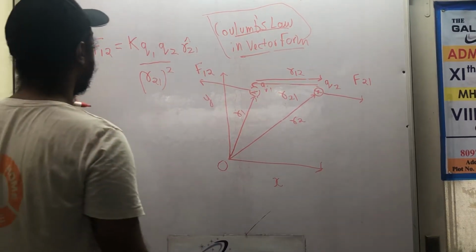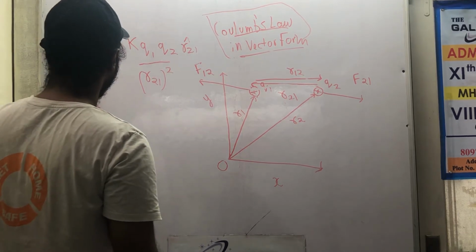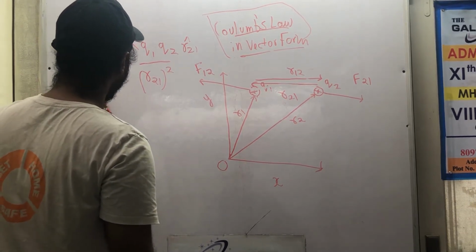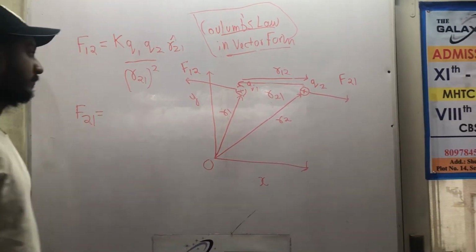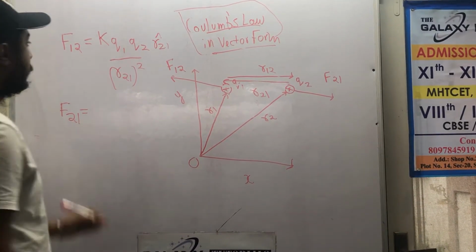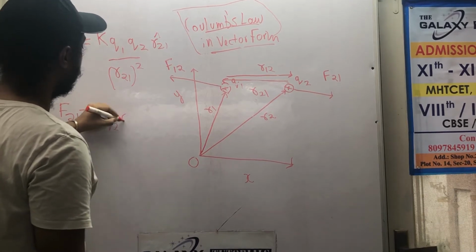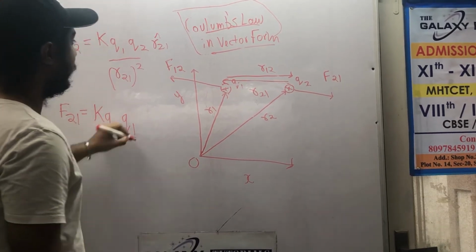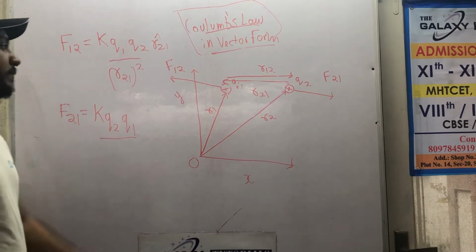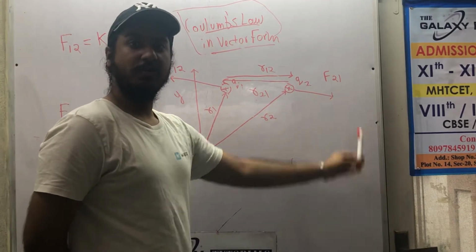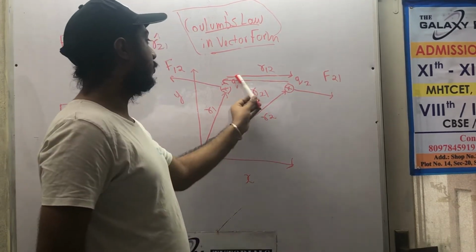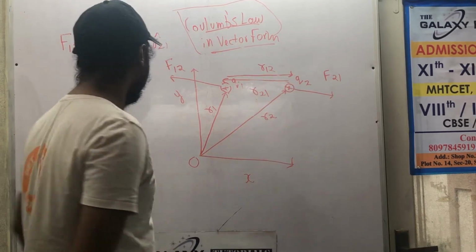Okay, now we will write the next case. F21. What will be F21? K Q2 Q1 upon what will be the displacement? The force is acting in this direction. So which displacement vector you will use? You will use this one, R12.